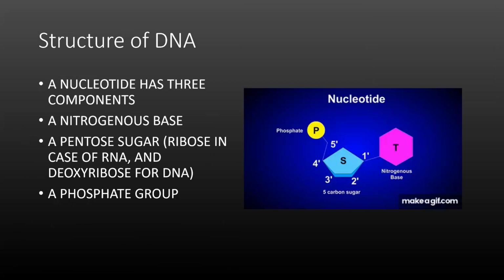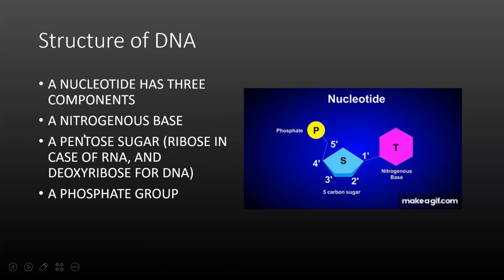A nucleotide has three main components: a nitrogenous base, a pentose sugar, which is ribose in case of RNA and deoxyribose in case of DNA.